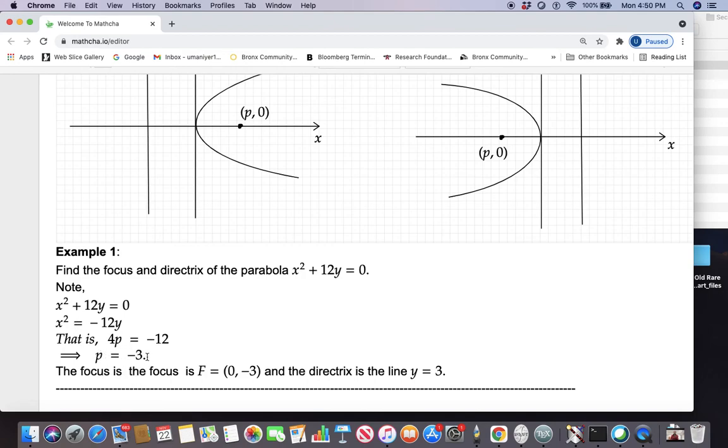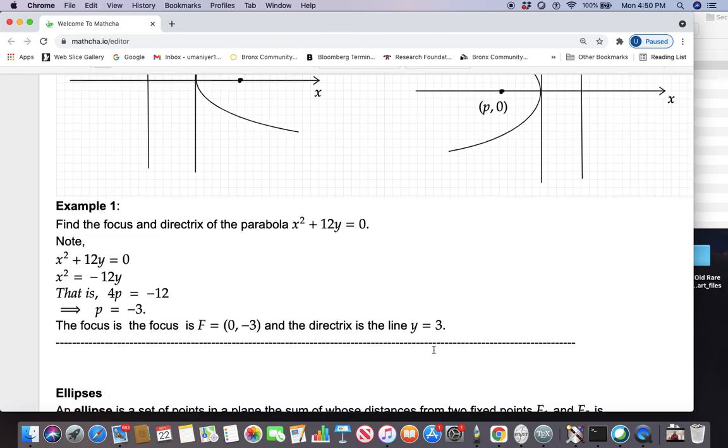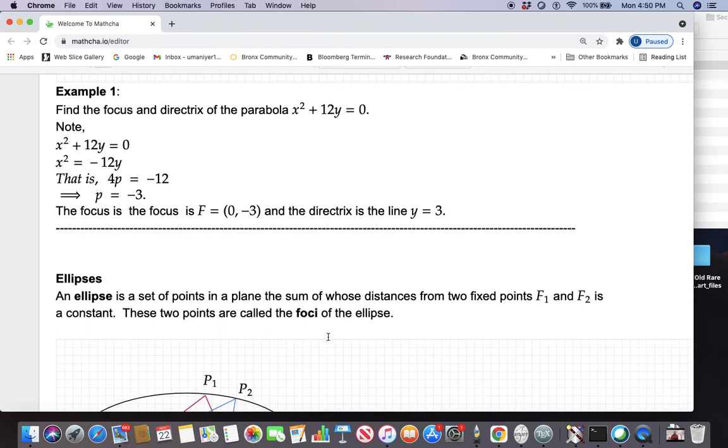So notice x squared tells me that my parabola will either open up or open down. p equals negative 3 tells me my parabola is going to open down. Focus is (0, -3). Directrix is above, that is the line y equals 3. Next video, we will start on ellipses.